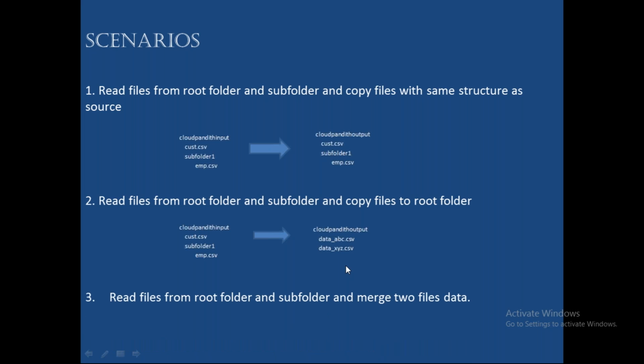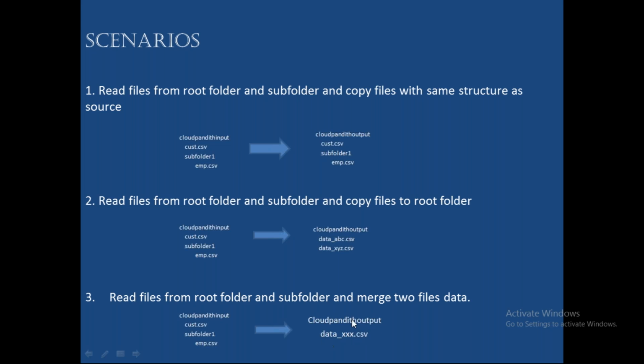Read files from root folder and subfolder, and merge the two files' data. Let's say you have the same thing: Cloud Pandit input, custody.csv, and subfolder 1 with emp.csv. Now I want to combine custody.csv and emp.csv. Let's say you have records 1 to 5 in custody.csv and records 6 to 10 in emp.csv.